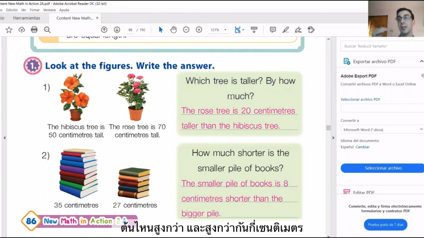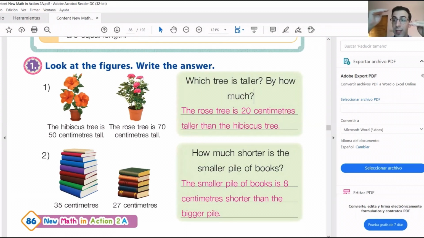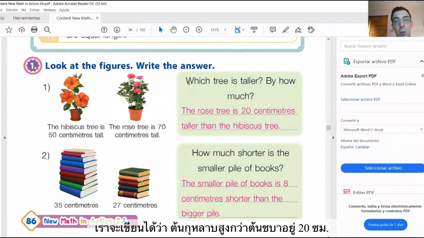Which tree is taller? We have two trees, right? One is 50 and the other one is 70. Which one is taller? The tree that is 70 centimeters tall, which is the rose tree. So we can write: the rose tree is 20 centimeters taller than the hibiscus tree.